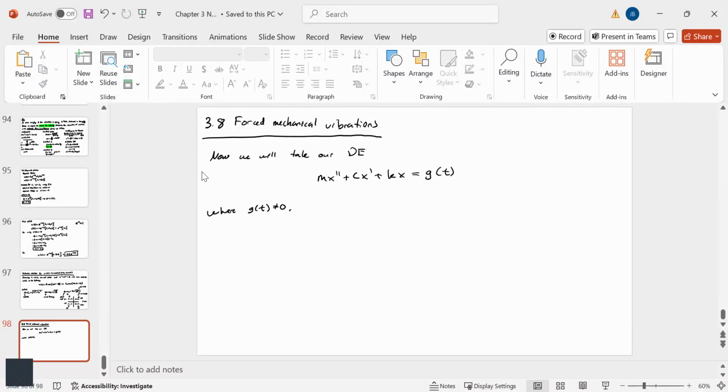If you want to go into that whole analysis of lambda and omega, we can manipulate to x double dot plus 2 lambda x prime plus omega squared x equal to, and then we use capital G of t to denote that we have divided it by m.